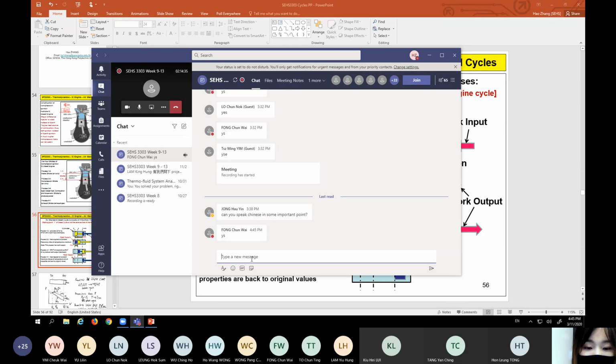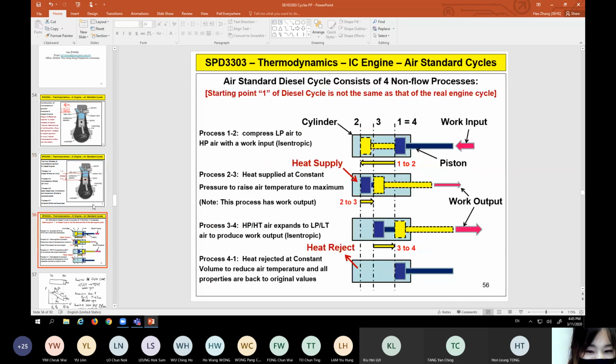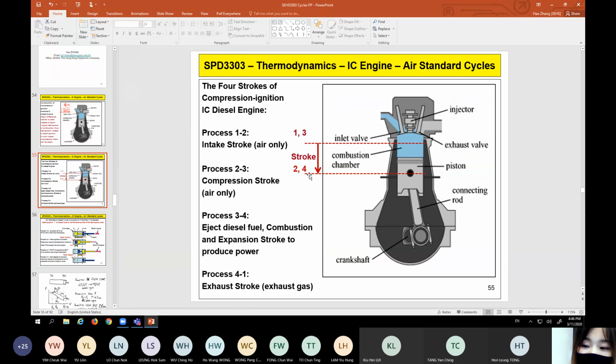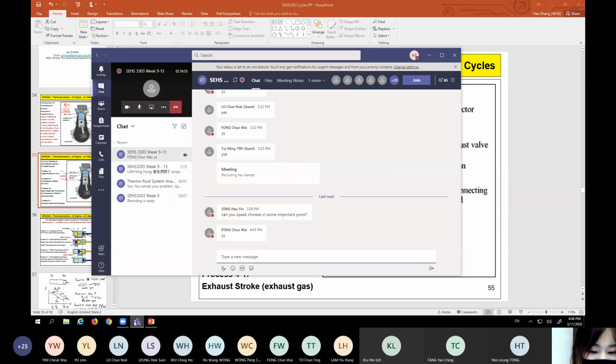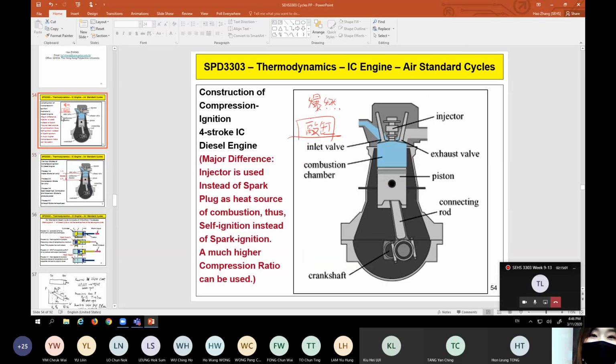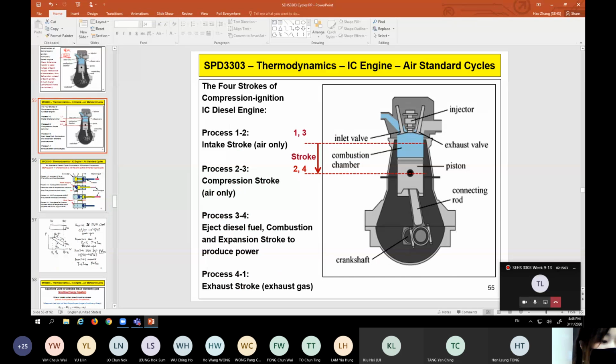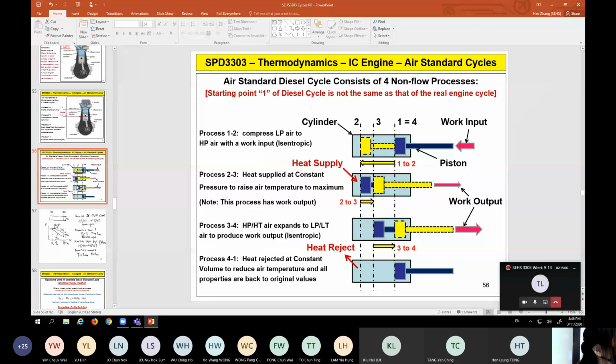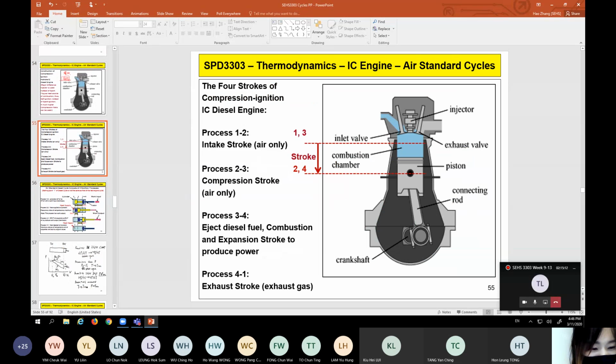Which part? The ideal cycle or the real engine cycle? Okay, you guys, any part? No? That's not good. Okay, I mean, good.